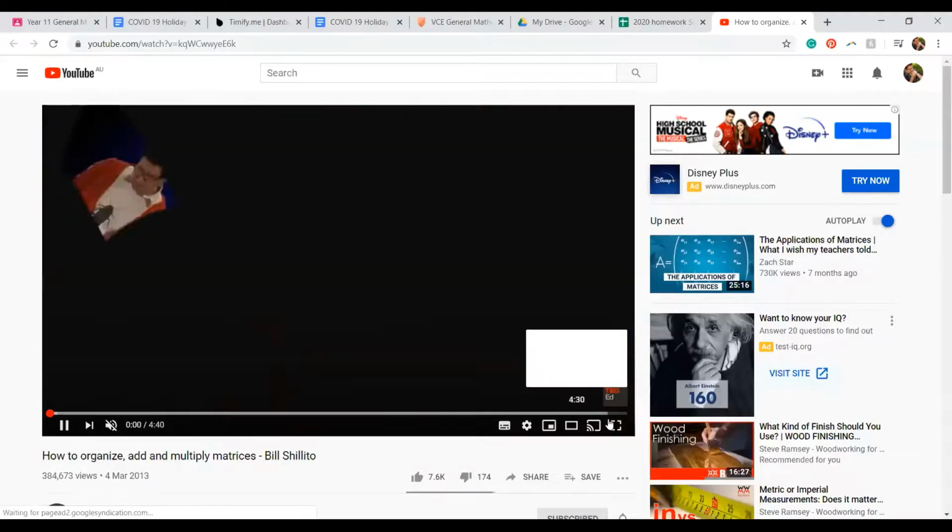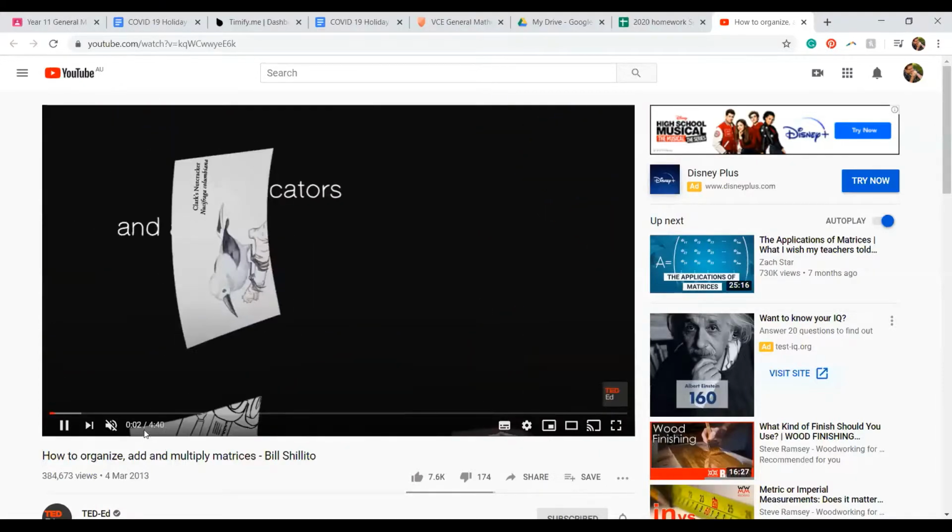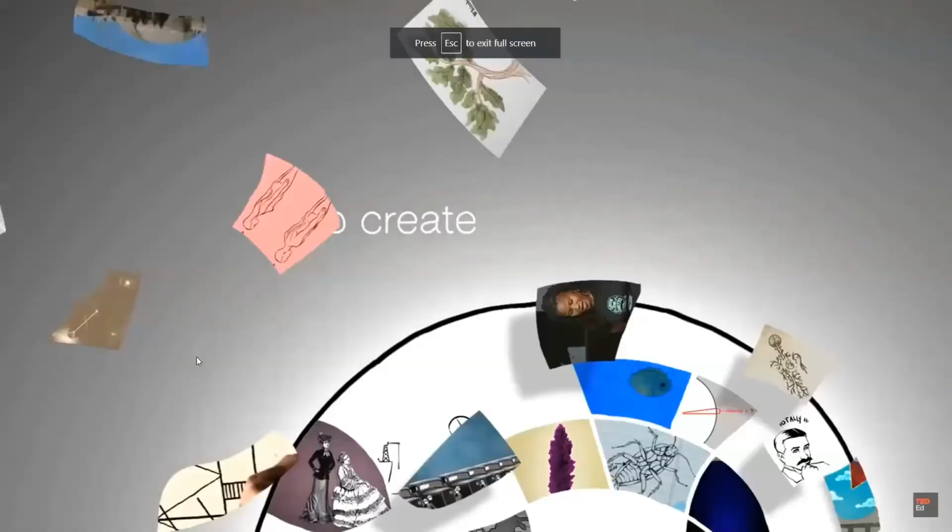It's not what I would call a shortcut, it's just another way of doing it. It looks a bit nicer, and some people might like this method. It's a TED-Ed. I might see if I can skip to the actual important part. Can you all see the screen?